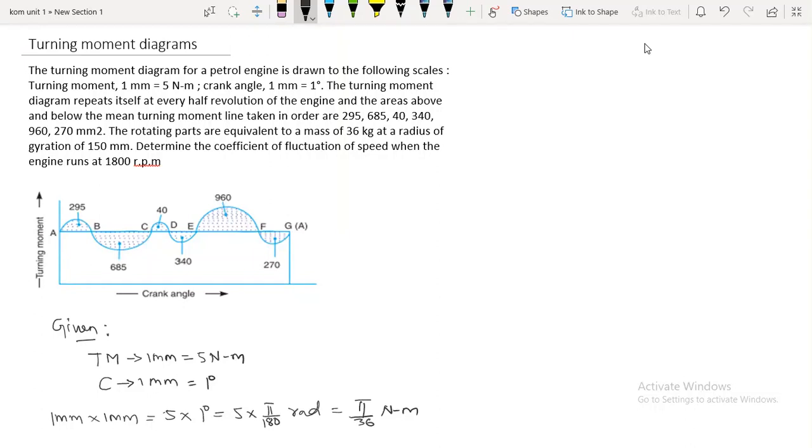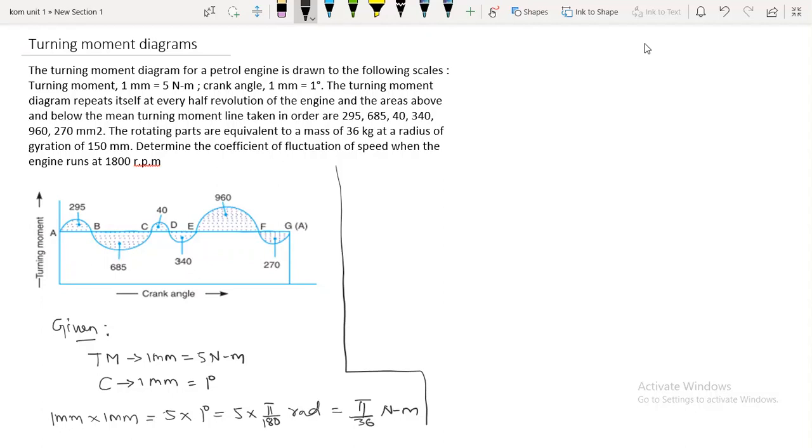Now let us find out the maximum fluctuation of energy. For this, I am going to use the data given here. Some areas are given both above and below the mean turning moment line. The areas above the mean turning moment line are taken as positive, and those below are taken as negative.